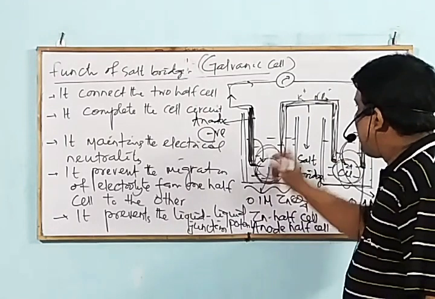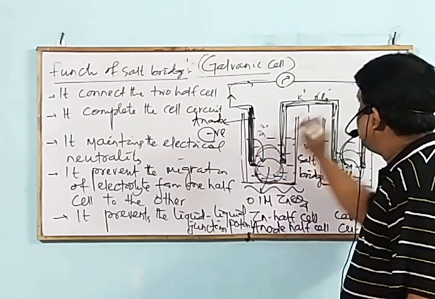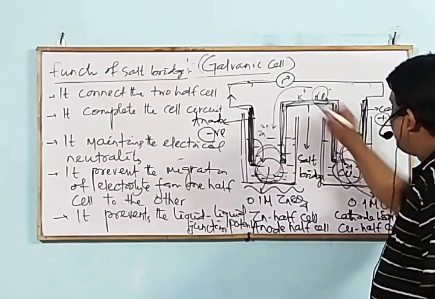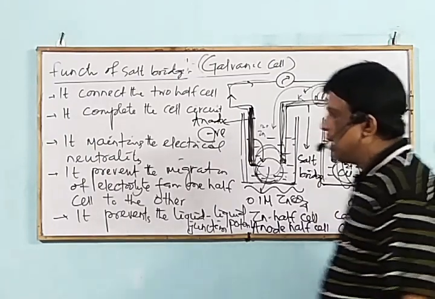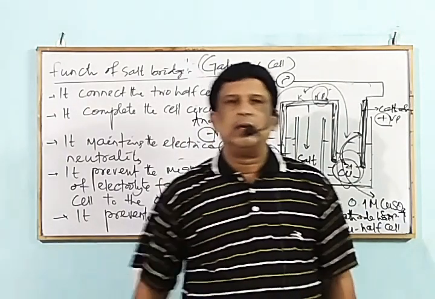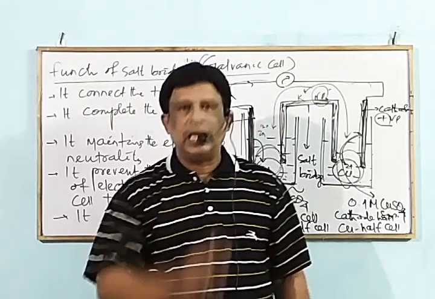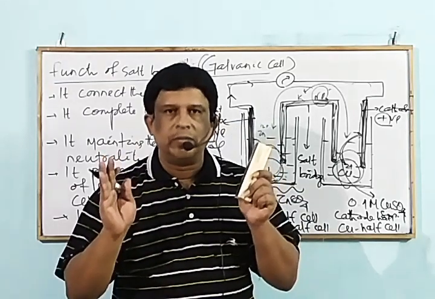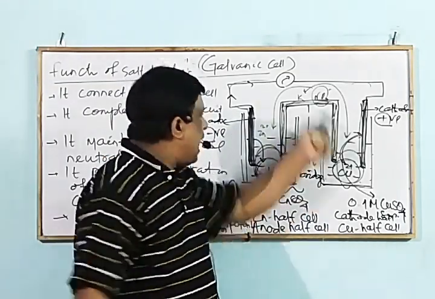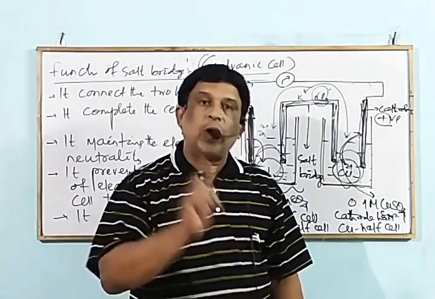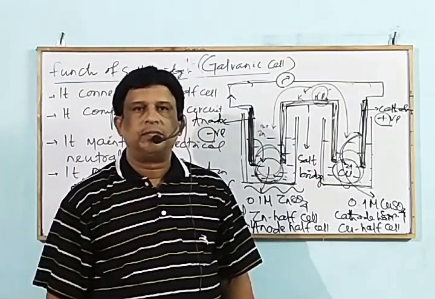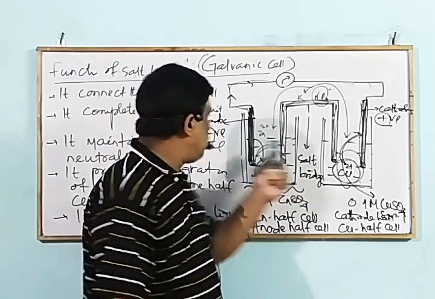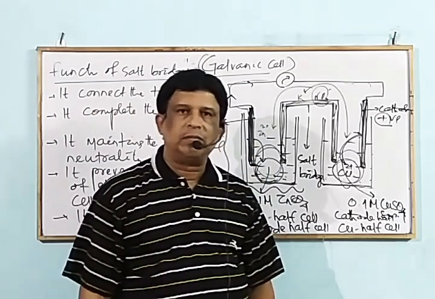To neutralize the Zn2 plus, the nitrate ion moves here. To maintain the Cu2 plus ion, the K plus moves here. As a result, the potential difference is maintained. As it is liquid, it is known as liquid junction potential. The salt bridge only allows the ions, not the electrolyte. This is the function of the salt bridge.